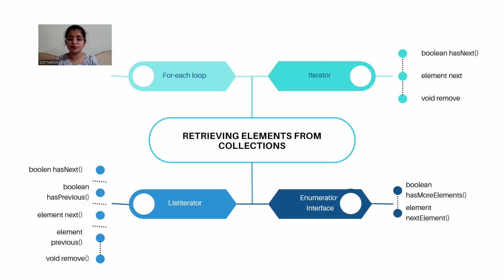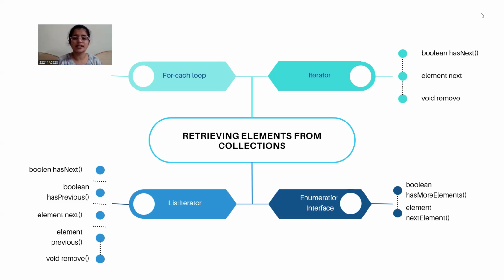Coming to the Enumeration interface, we have basically two methods, hasMoreElements and nextElement. What happens over here is the same: if there are elements, then it will return true, otherwise it will return false.